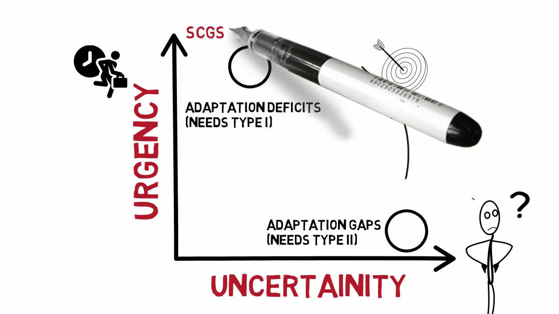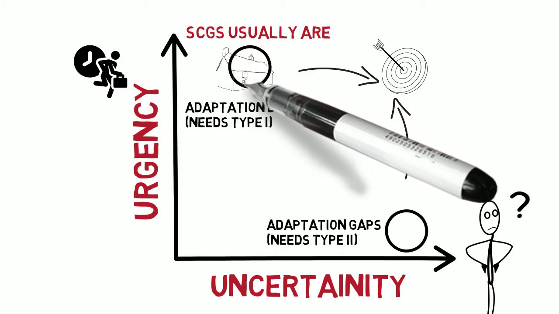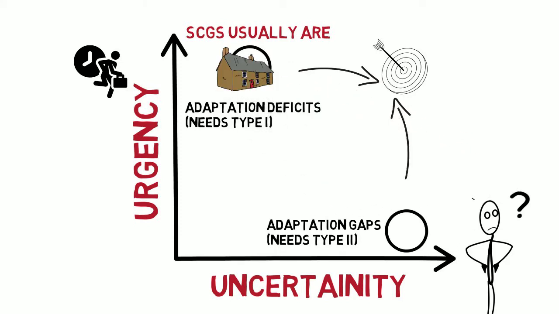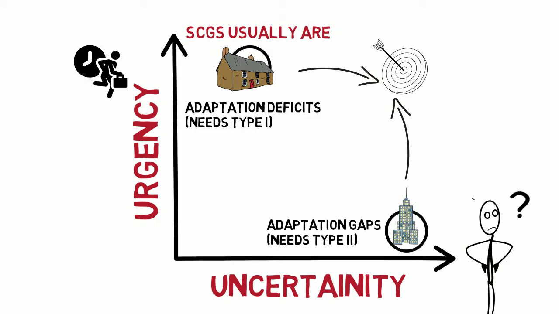Most of the secondary cities in the global south today are focusing almost exclusively on adaptation deficits, or they are doing a lot of type 1 actions for the reasons we discussed in the previous video, like the sense of urgency, political pressure, etc. Whereas many of the mature cities are addressing adaptation gaps. They are preparing for the future.